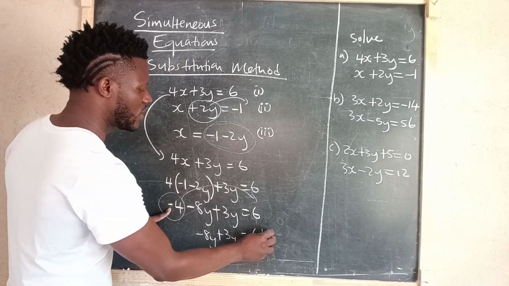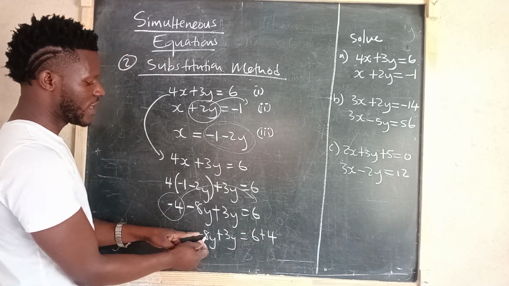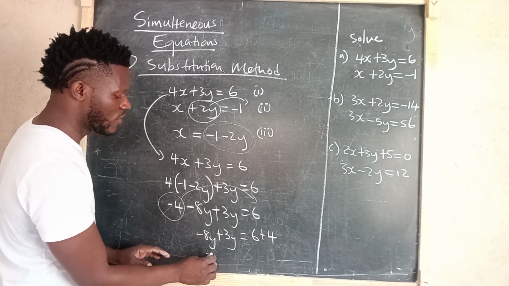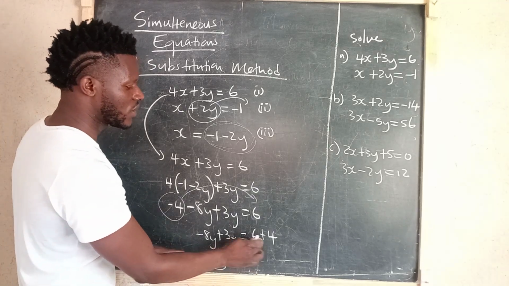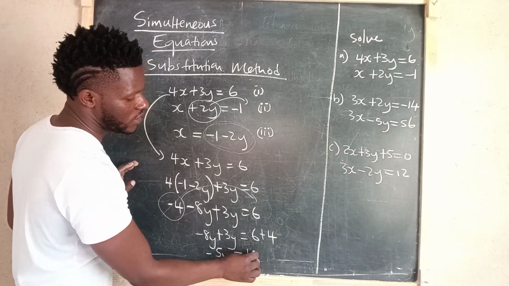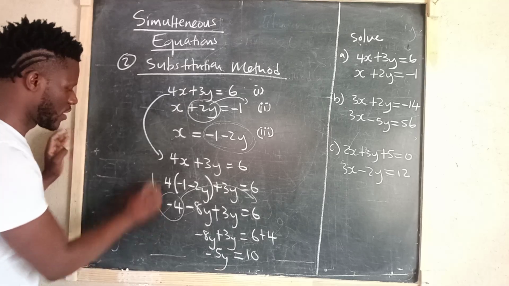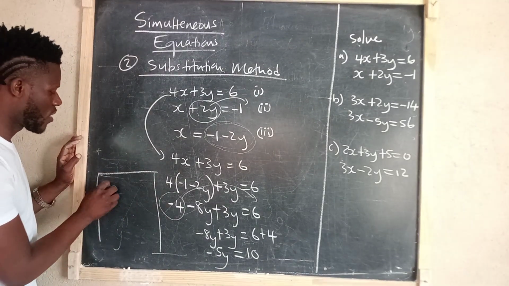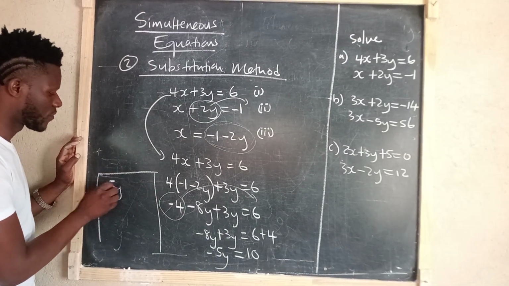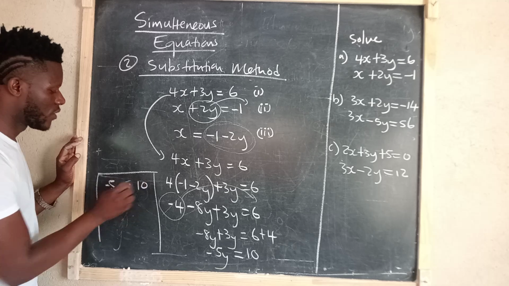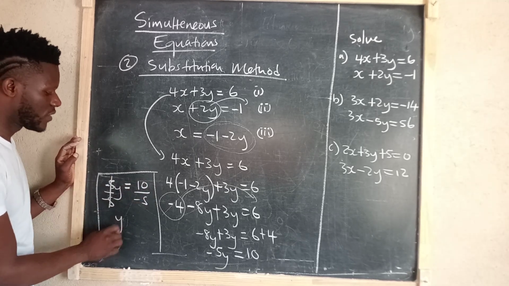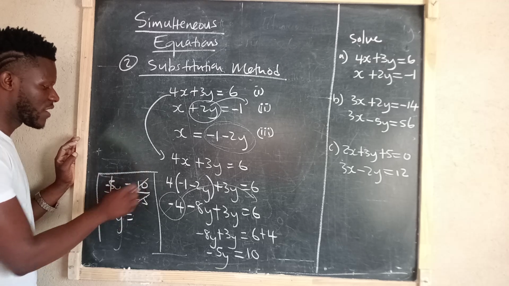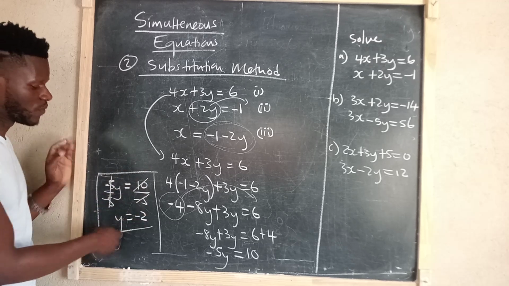It will become positive 4. Minus 8y plus 3y, we get minus 5y. Minus 5y equals 6 plus 4, we get 10. We reach this level, minus 5y equals 10. So we divide by negative 5 both sides. And y is 10 divided by minus 5, we get minus 2.